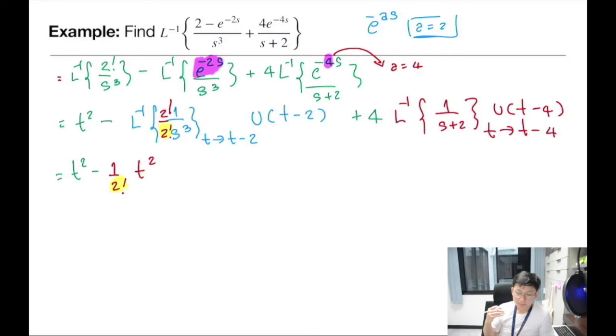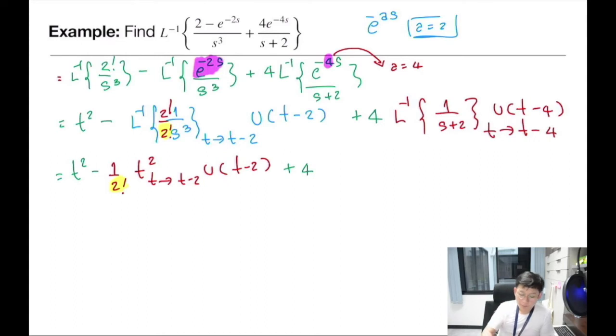It would be t squared, and then change t to t minus 2, u of t minus 2. And the next one will be 4 L inverse of 1 over s plus 2.